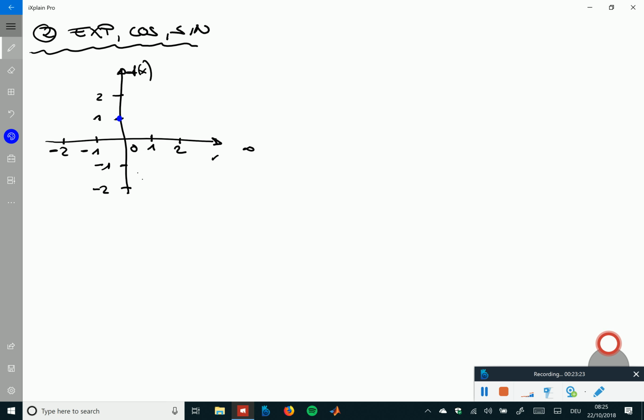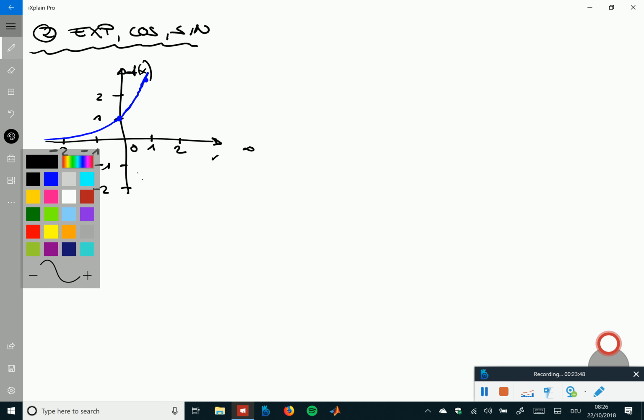If you put in 1, you get out what is called Euler's number, which is 2.71. So that's roughly here. And basically, based on this, you can already sketch the exponential function. So that's roughly the graph of the exponential function.